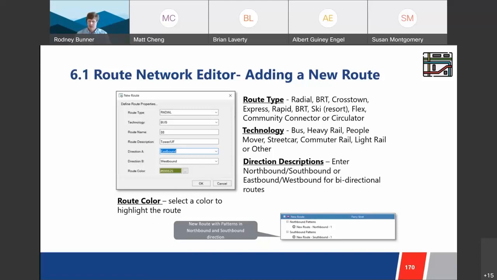So it's a long distance trip, kind of similar to an express route, but it's more about the communities that they're connecting rather than highly traveled express routes. And you have a circulator route type as well, which is generally a single direction route that operates in a loop.